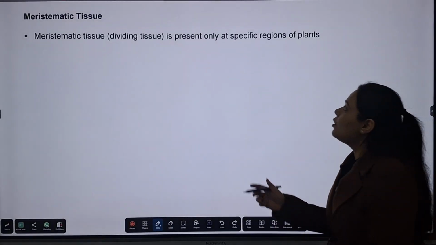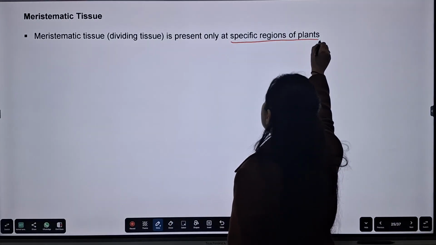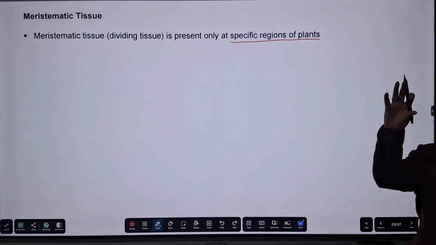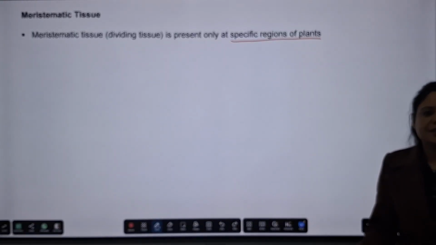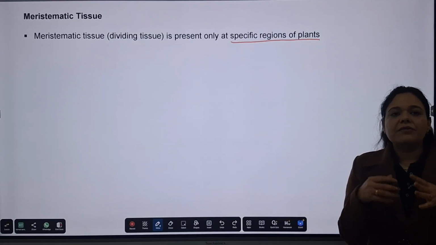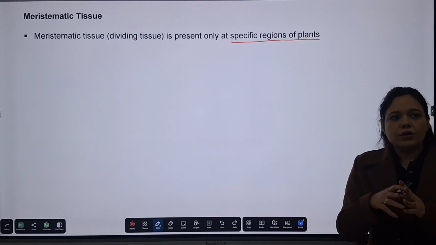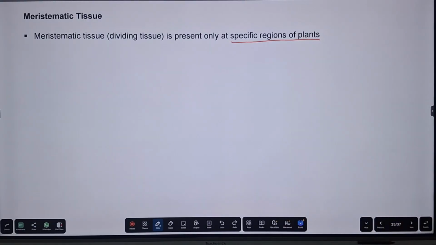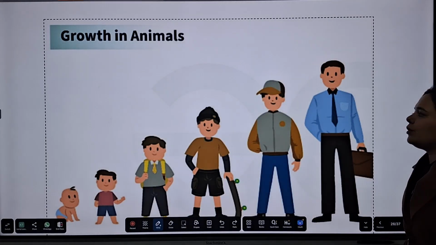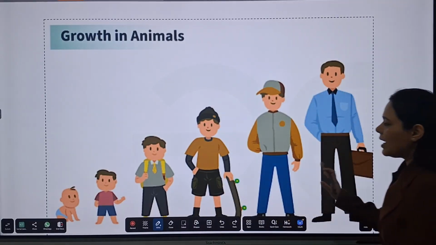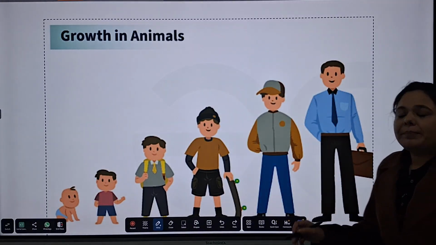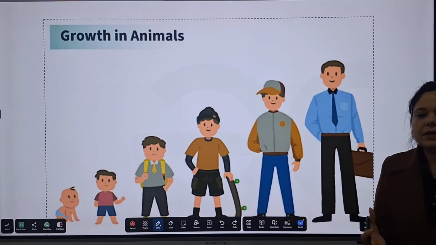They are located only at specific regions in the plant, and because of their specific localization, they give a special pattern to the growth of plants. Let's understand it with the example of animals. This is the slide showing development of an adult male.